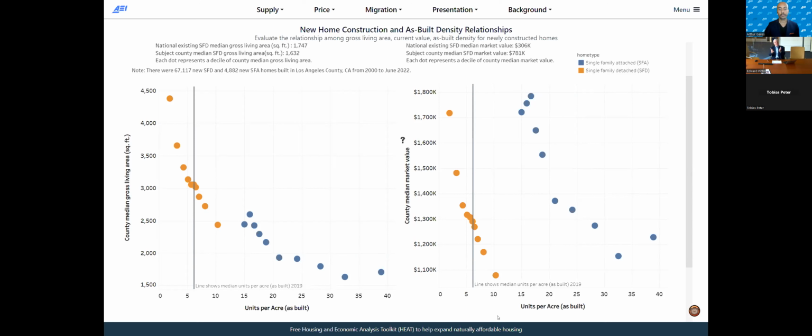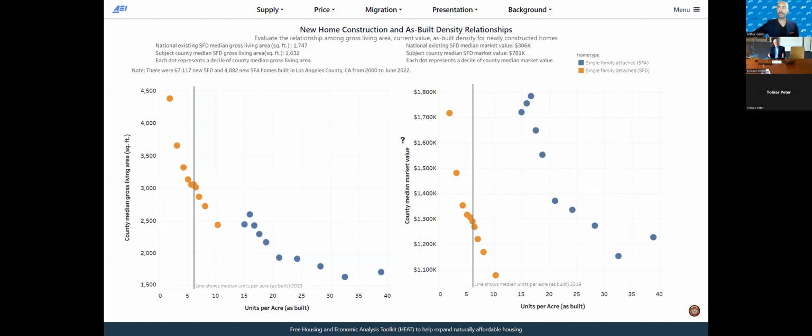The people who are moving into the units that are still quite large, in this case about 2,700 square feet in the case of detached, are moving out of somewhere else, either owner occupied, as a move-up buyer, or they're moving out of a rental and freeing up that rental. That house is going to cost less or rent for less than the one that they're moving into, thereby freeing up that unit.